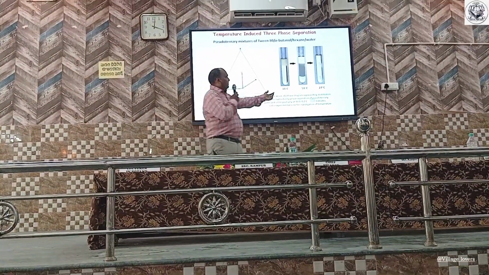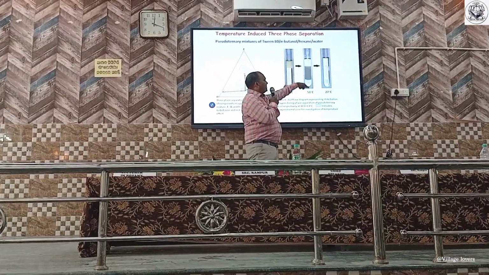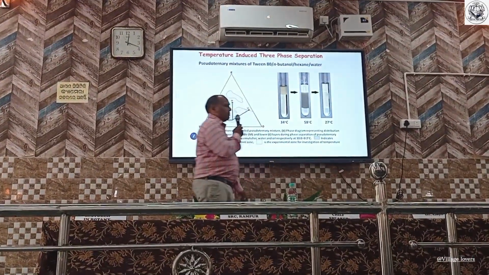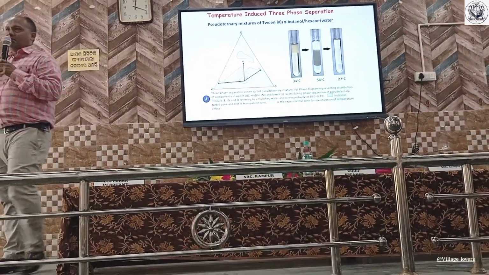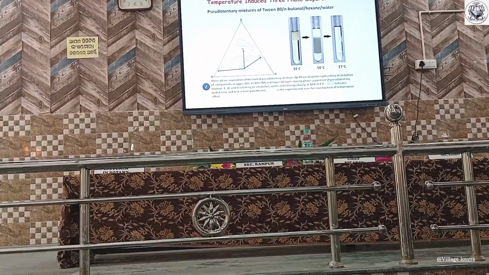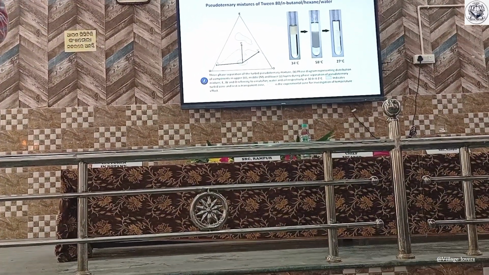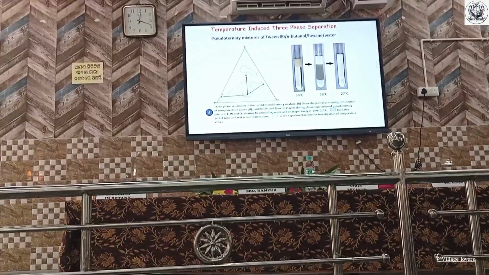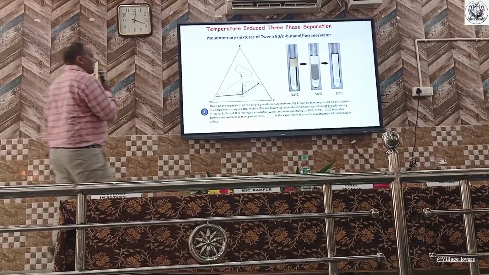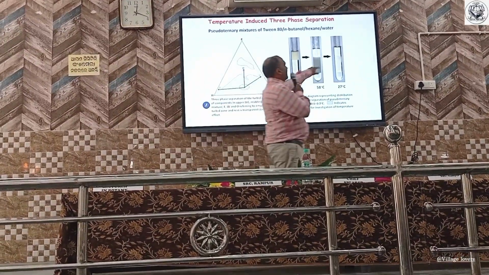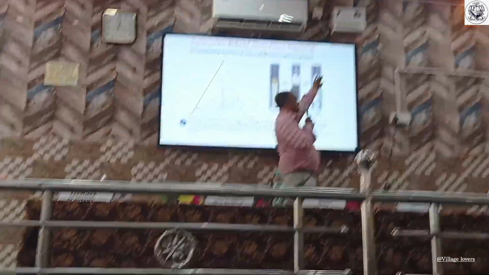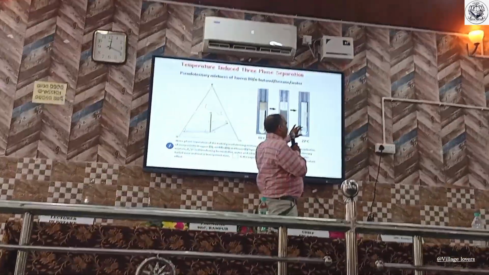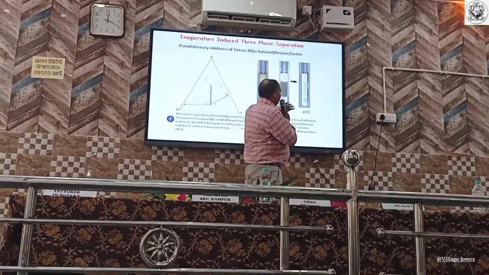When we increase the temperature from 34 to 58 degrees, it becomes three phases, and after 27 degrees it becomes three clear phases. That means three microemulsions of different concentrations. We have studied these three layers. This one is mostly the non-polar layer, mostly oil. This is the bicontinuous zone, and this is the water-based zone.